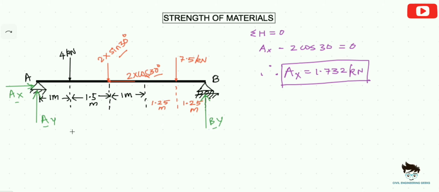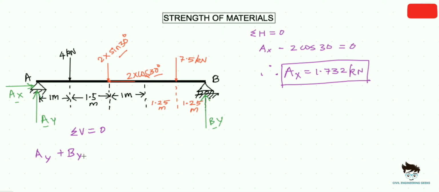We will use summation of vertical forces equals to 0, that is summation of forces in the y direction equals to 0. Then what we will get, AY in the upward direction, we are assuming our upward direction to be positive and downward direction to be negative.